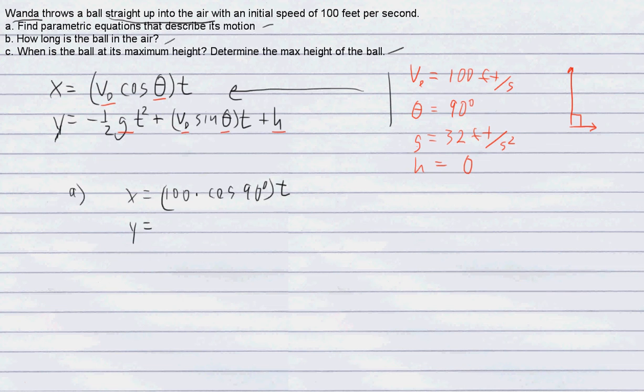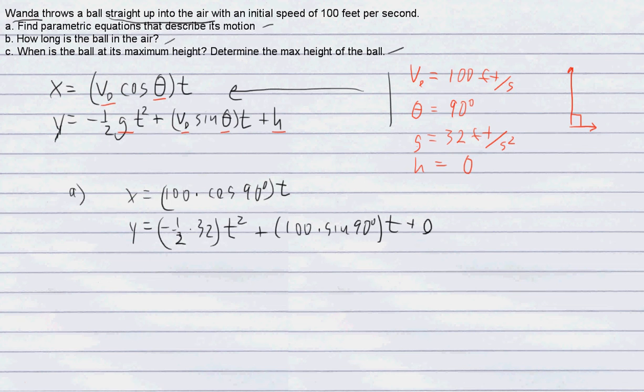Y is equal to negative 1/2 times 32 t squared plus 100, the initial speed again, sine 90 degrees t plus 0, because that's the initial height.